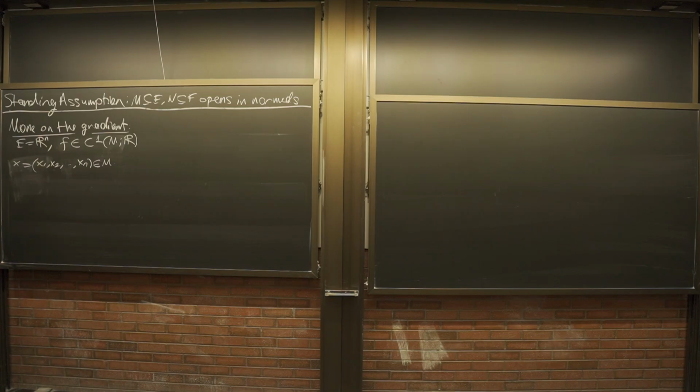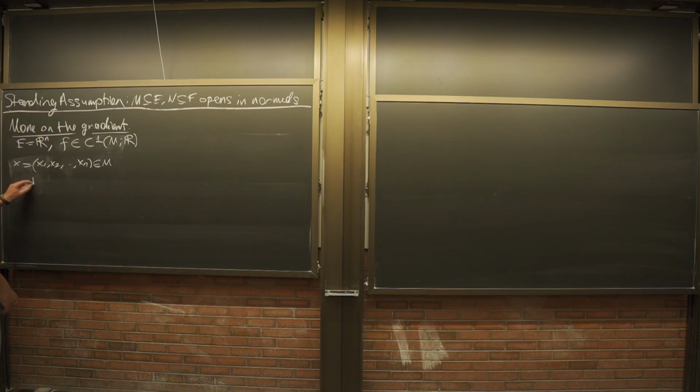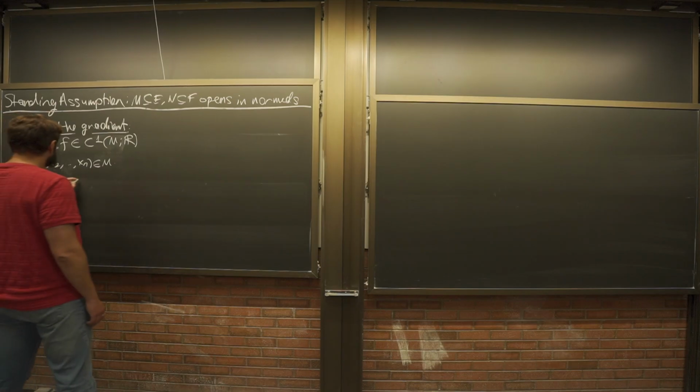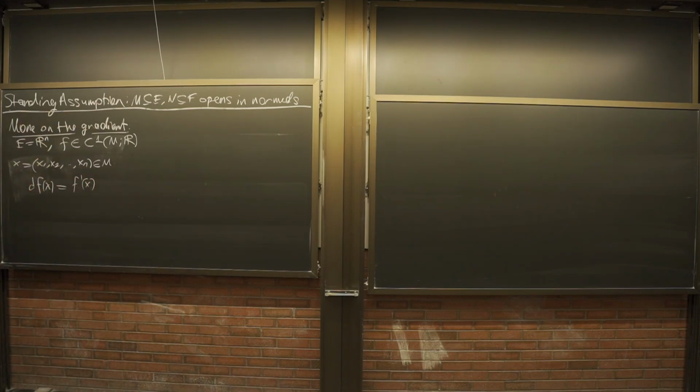And how did we define the differential of f at x, or in other words, the exterior derivative of f at x? This was a lowercase d. Well, we defined this to be the uppercase Df, in other words, f prime. And what was the dimensional analysis?